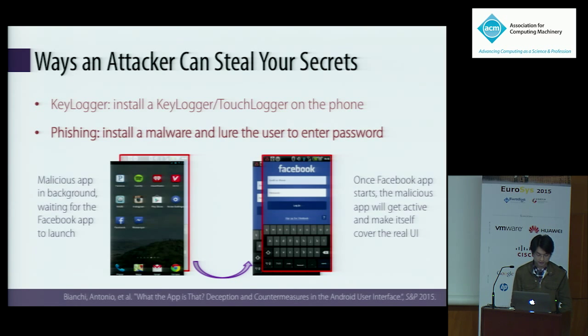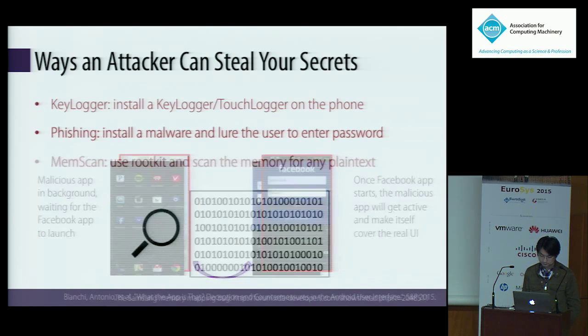A typical malicious application can lurk in the background, waiting for some application, for example, the Facebook application, to launch. When the Facebook application starts, the malicious application gets activated and covers the real UI, so the user will enter the password in the wrong place.